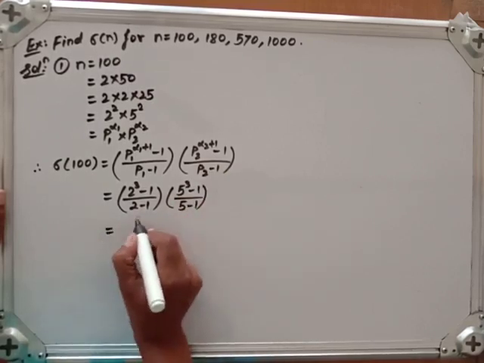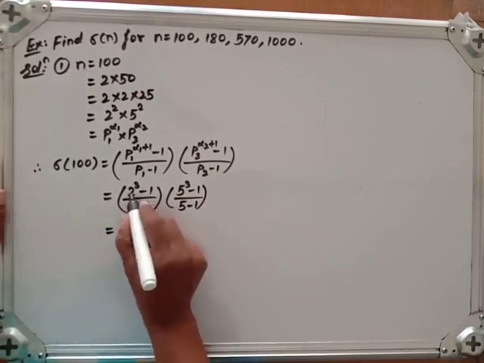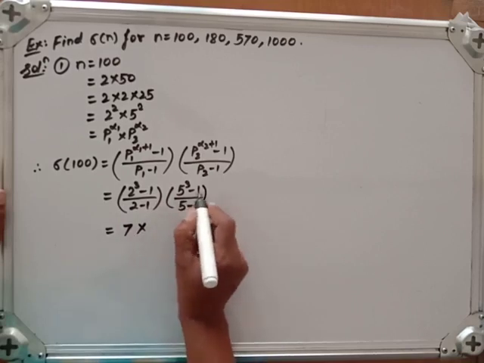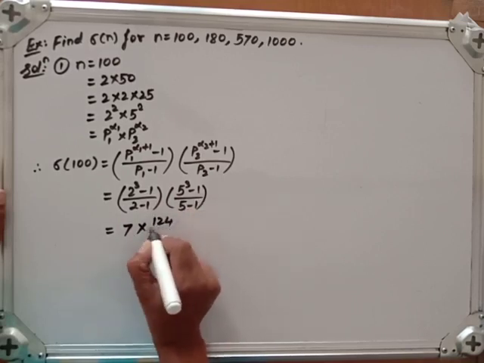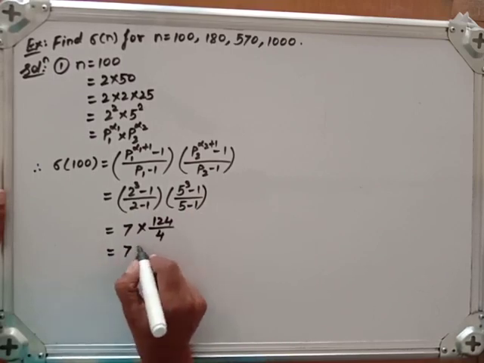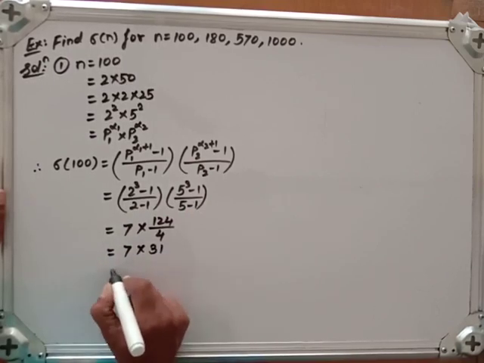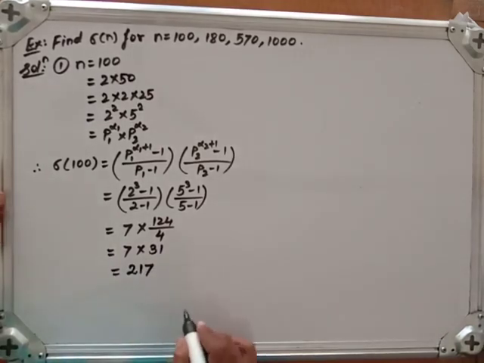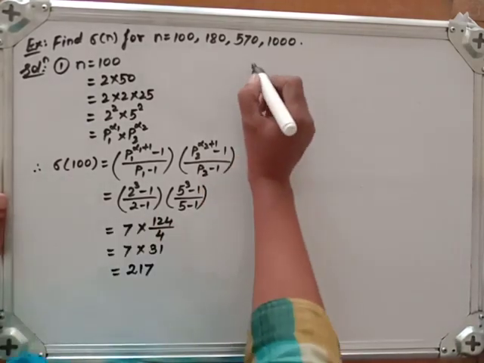So this is 8 minus 1, so 7 by 1, 7 into 124 upon 4. So this is 7 into 31. That is how much? 217. This is the value of sigma of 100.